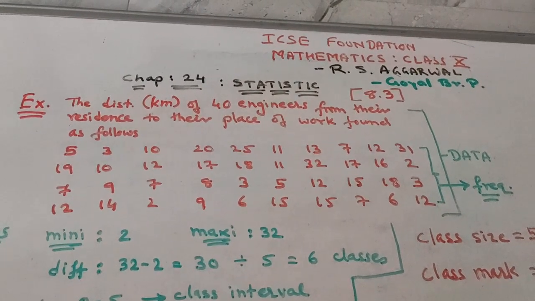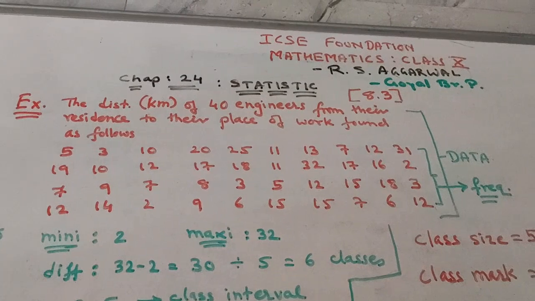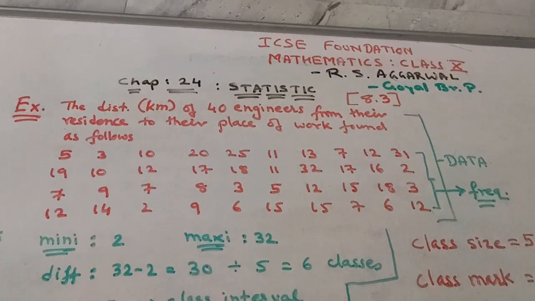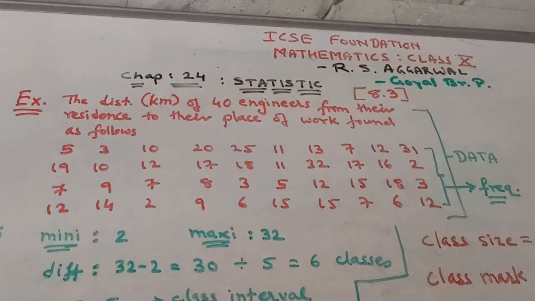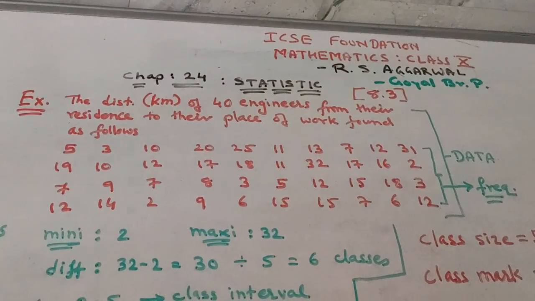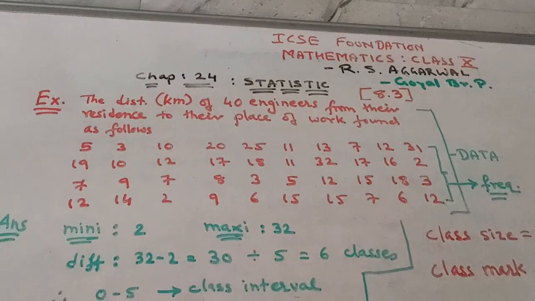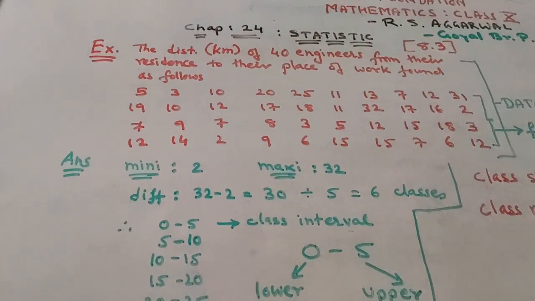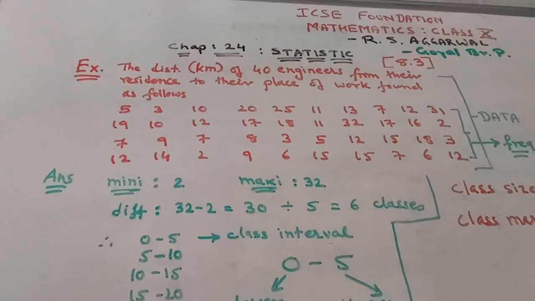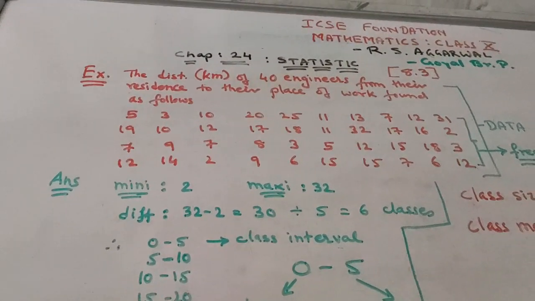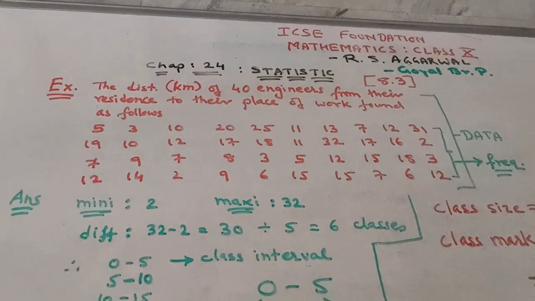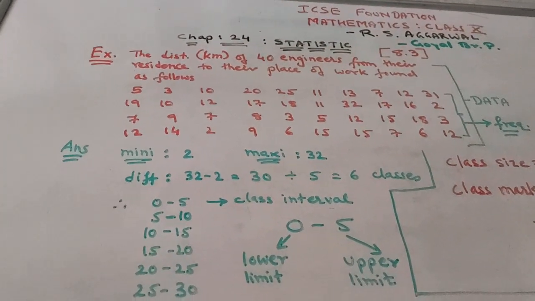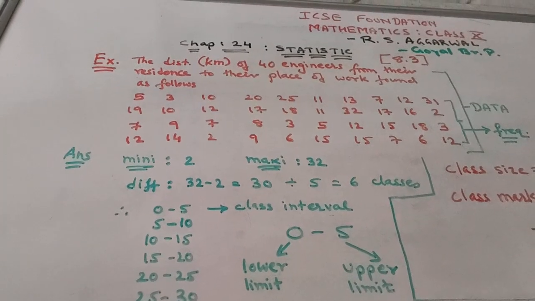These are the 40 engineers, and they are coming to their workplace from their residence, which is about, for example, 5 kilometers, 3 kilometers, 10 kilometers, 20 kilometers, like that, and that is nothing but the frequency. Here the minimum, if you see, is 2, and the maximum is 32. So the minimum is 2 kilometers, and the maximum is 32 kilometers. The difference between them is 32 minus 2, that is 30.